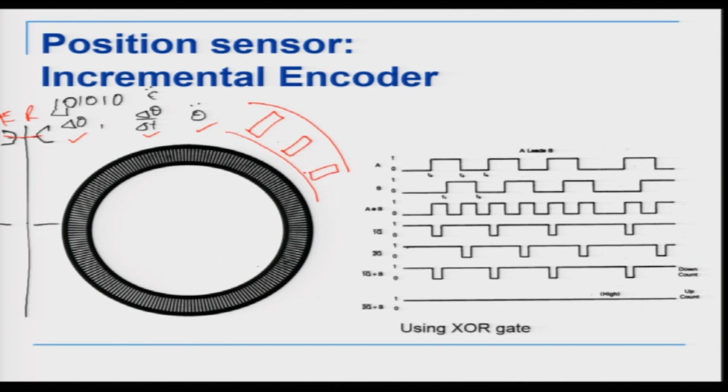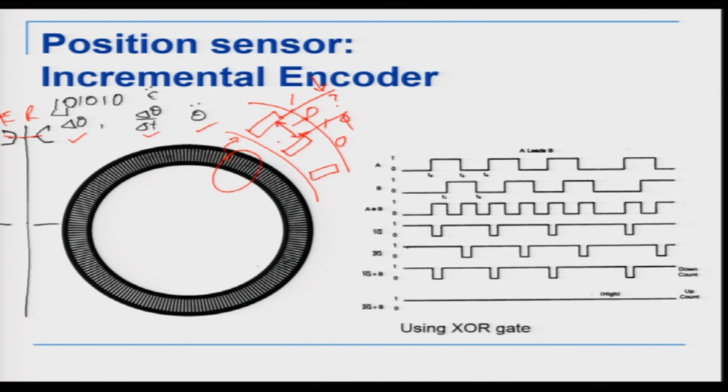In these slots the light will go through here, so it will be 1, light will not go through here, it will be 0, so it will be 1 0. But you see that there is a distance from here to here, which means that the encoder, for every position between here and here, will simply say it is 0.